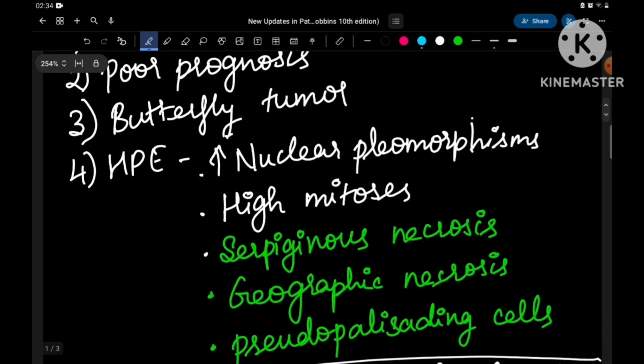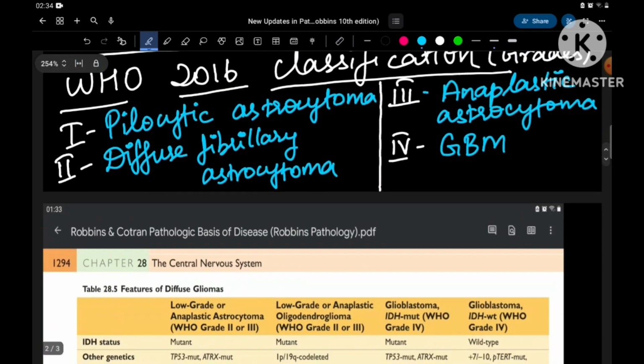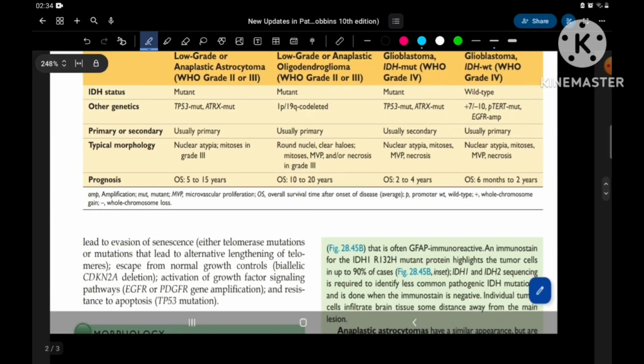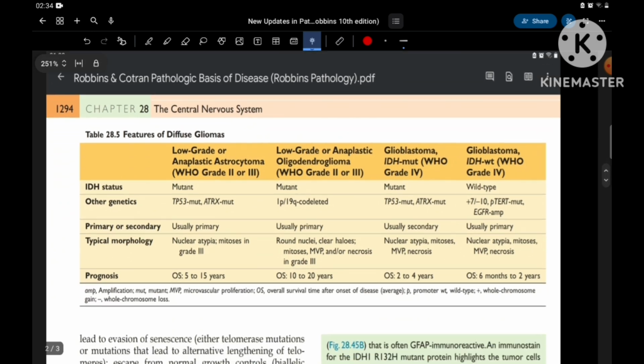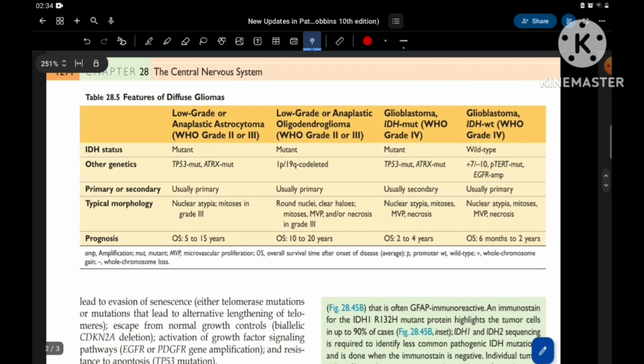So basically you can see that WHO 3 and 4 are high grade tumors, and obviously they will have worse prognosis. That is what everyone will know from 3 and 4. But the detailed features were given in this Robbins 10th edition.